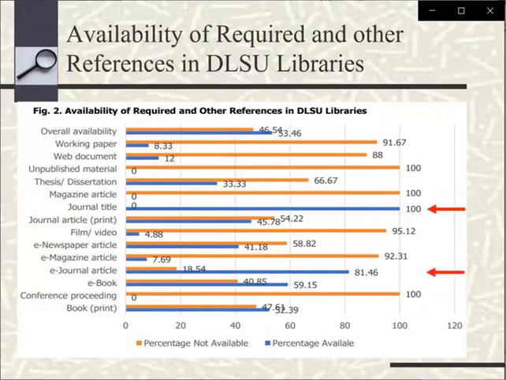Electronic journal article have the second highest percentage of availability with 81.46%. A closer analysis of the e-journal articles cited revealed that there were items, though available in the library's electronic collection, that were accessed and retrieved from the open web.